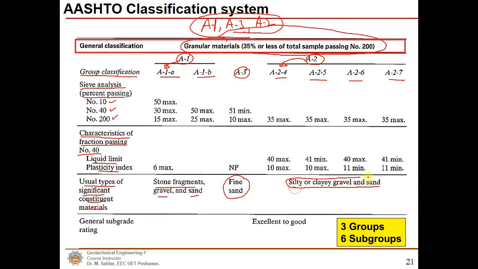Now, after knowing the usual types of significant constituents, AASHTO provides us the general subgrade rating, and that is excellent to good. So we have 3 groups and 6 subgroups here, for the granular materials.